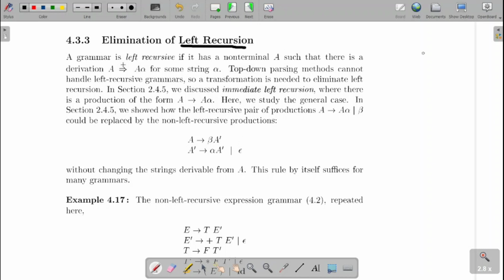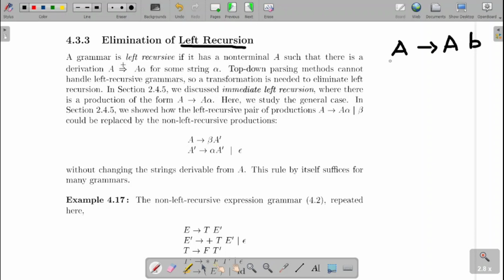When we go to left recursion, there are two variants: one is immediate left recursion, the other is indirect left recursion. Let us take one simple example. If I have a production A derives A followed by a terminal, let it be B, this is an example of immediate left recursion.